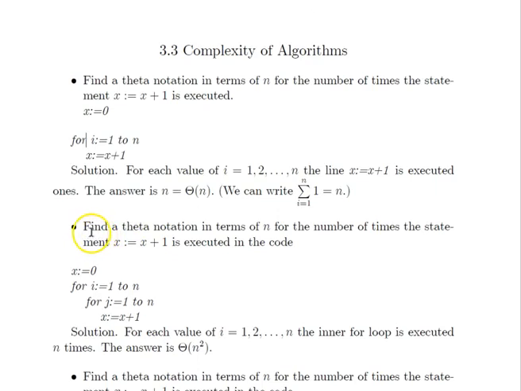The next example: find theta notation in terms of n for the number of times the statement x equals x plus 1 is executed in the code. And here we have x equals 0, and then for i equals from 1 to n, for j equals from 1 to n, x equals x plus 1.